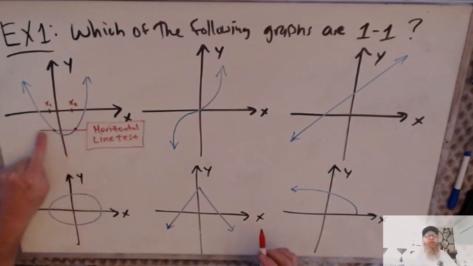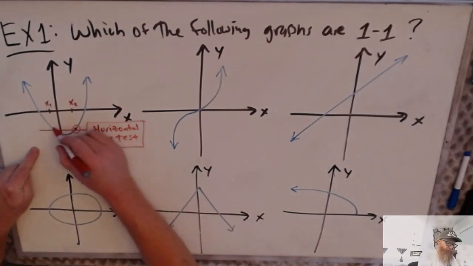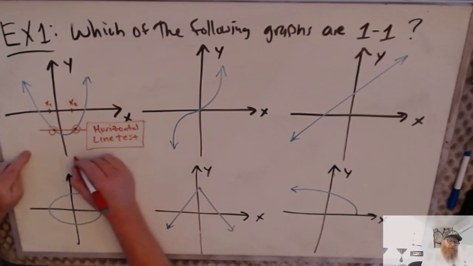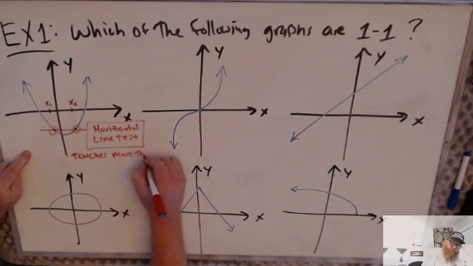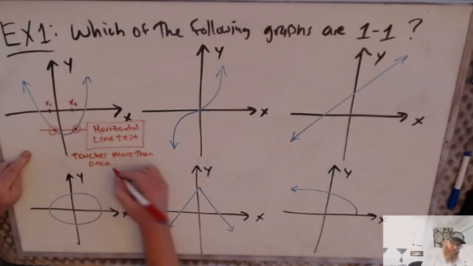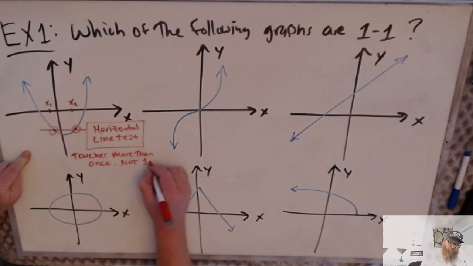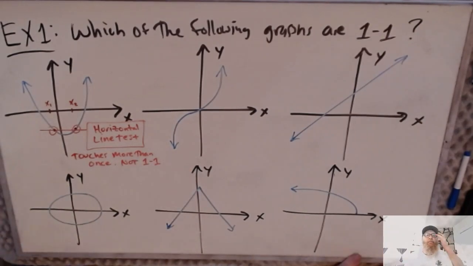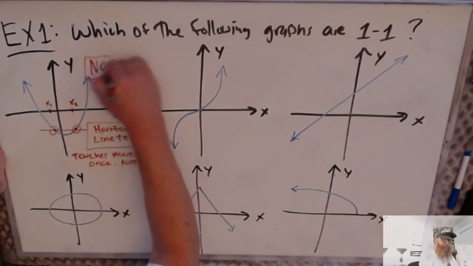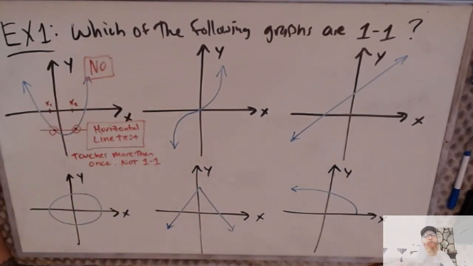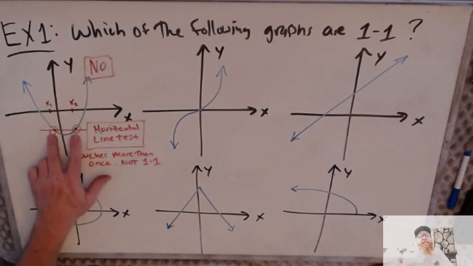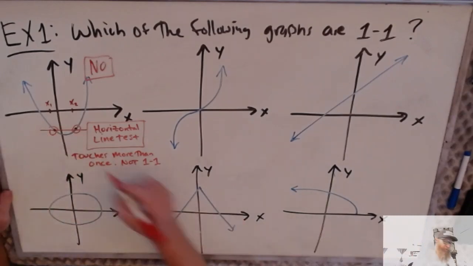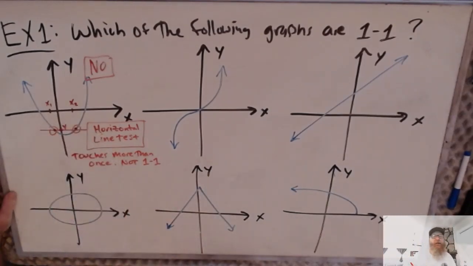If a horizontal line touches the graph more than once, it's not one-to-one. So this function is no. It is not one-to-one, because I have two different x values corresponding to the same y value, whatever this y value happens to be.